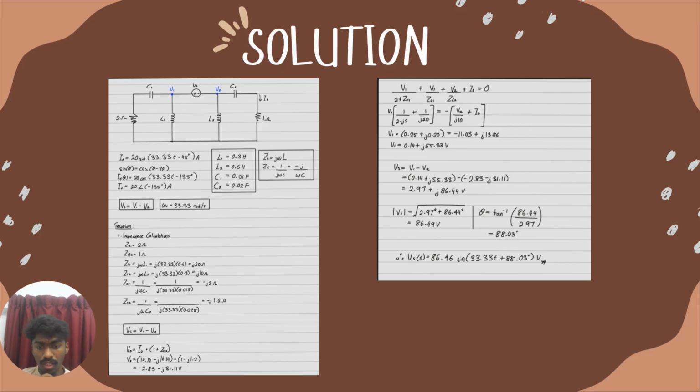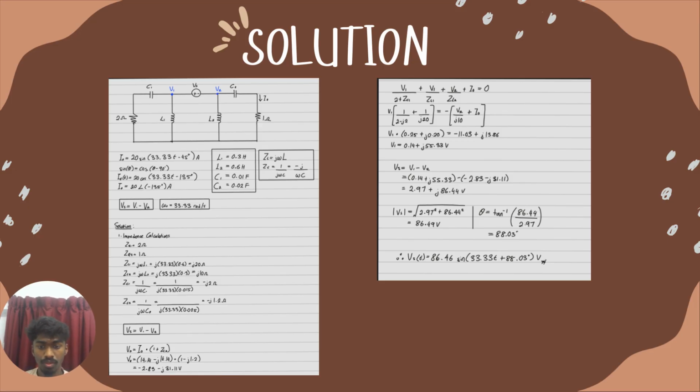We have the inductance and capacitor formulas, ZL and ZC, written on the paper. That is how we find the inductor and capacitor values.